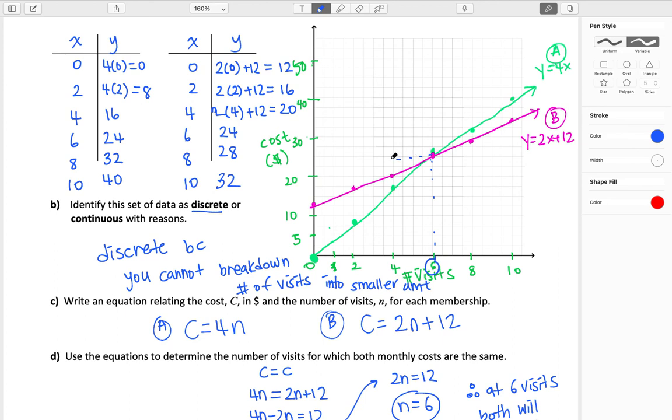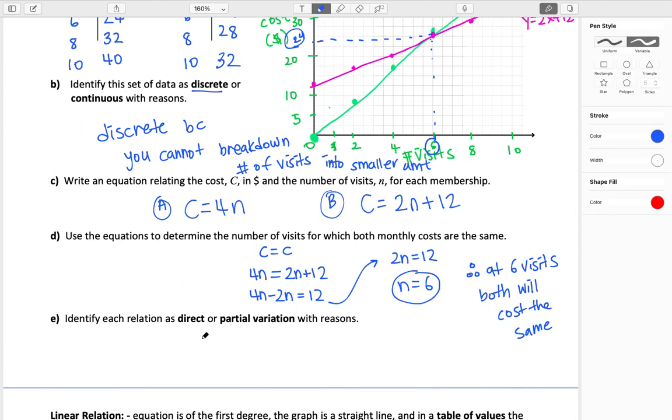They both are going to cost $24. They intersect. And we will be learning about this later, but this is called a point of intersection. That's where the two linear relations meet at the same point.